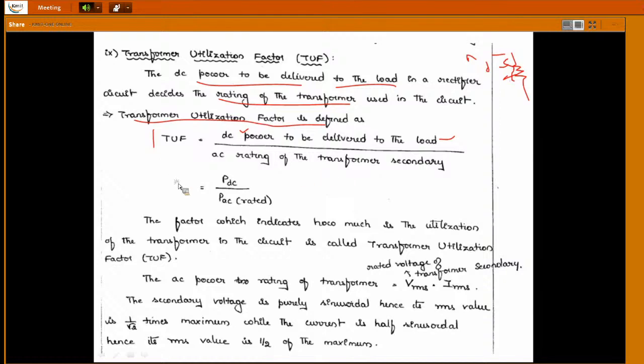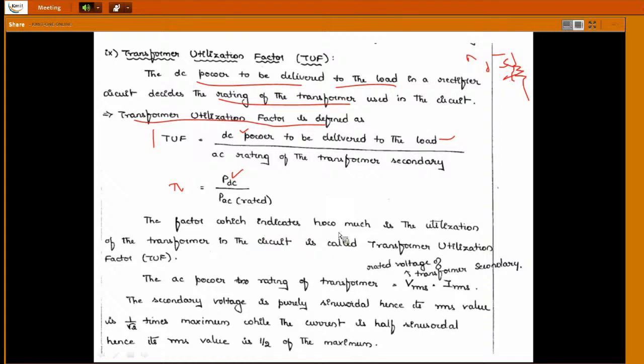In simple terms, TUF is defined as PDC, the DC power delivered to the load, by PAC rated, the AC rating of the transformer. This is the expression for the transformer utilization factor.